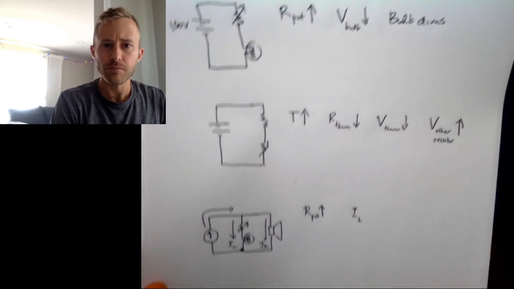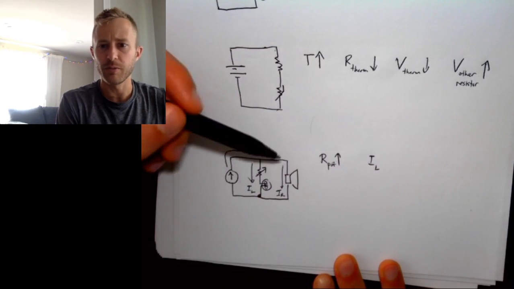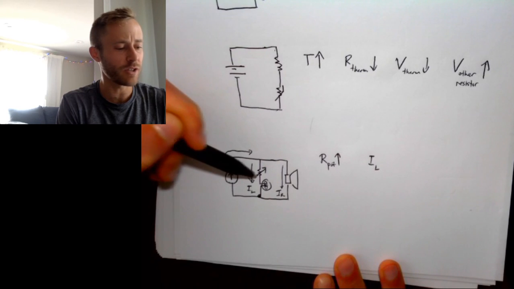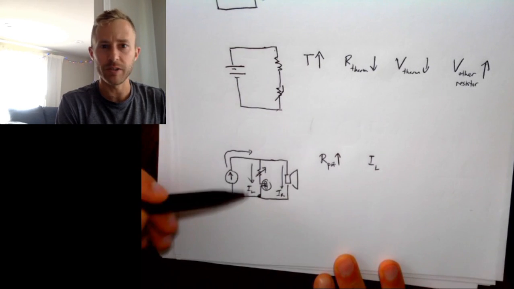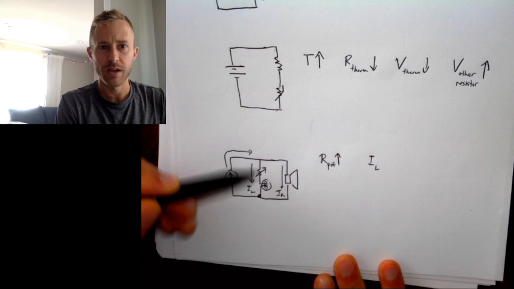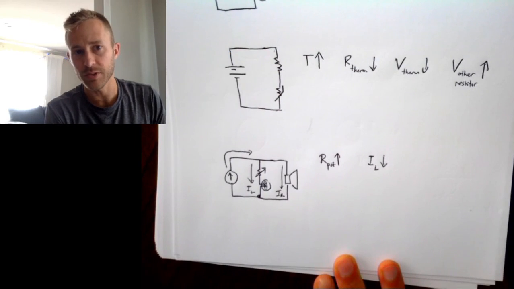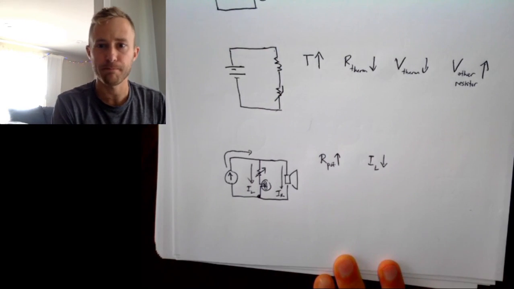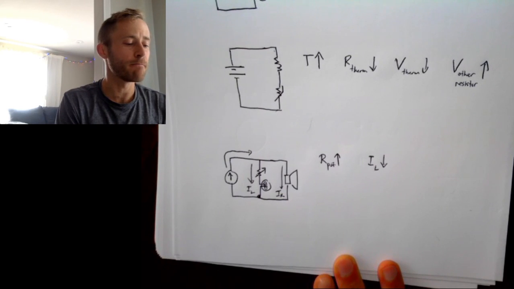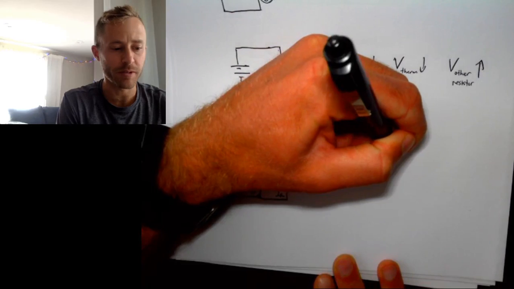So going back to this example, the resistance of the potentiometer goes up, which means that this branch has more resistance, which means that the current in the left branch is going to go down. More resistance means less current. And so that results in two things happening.